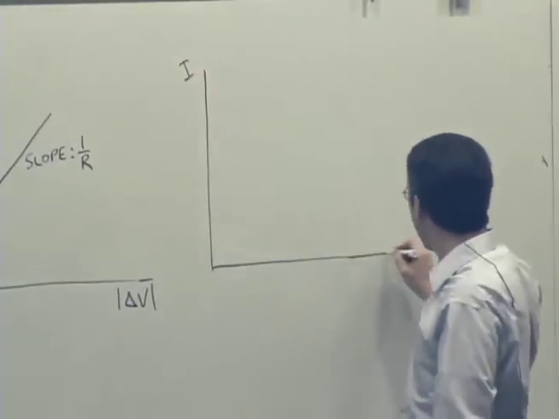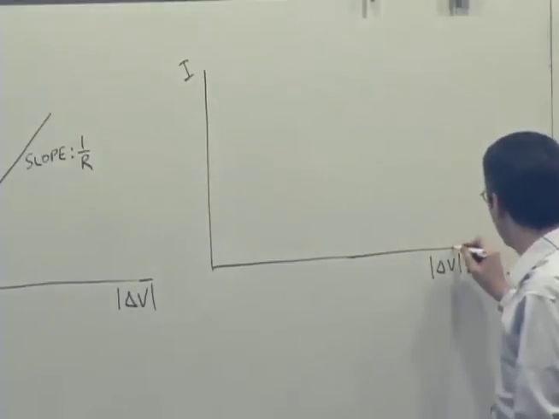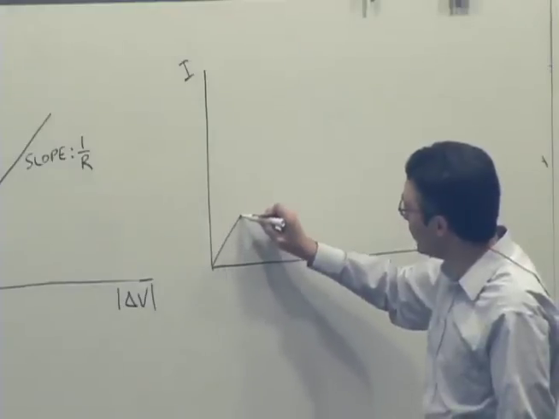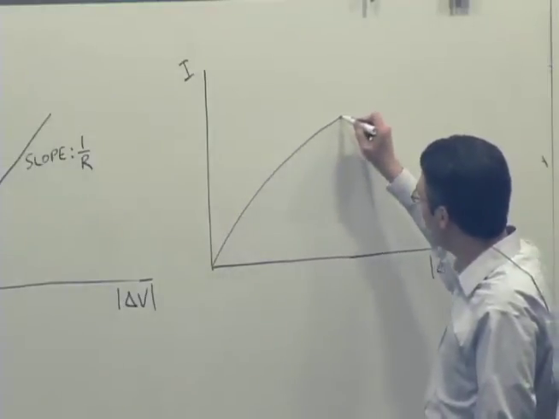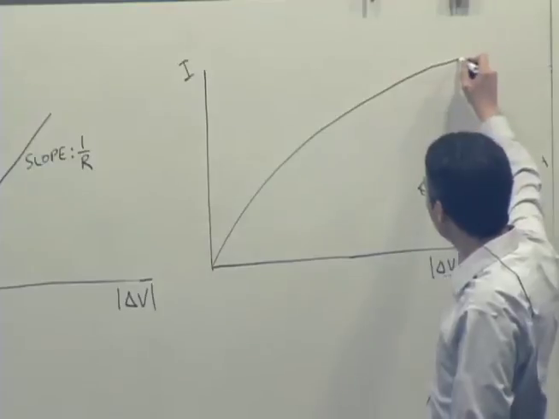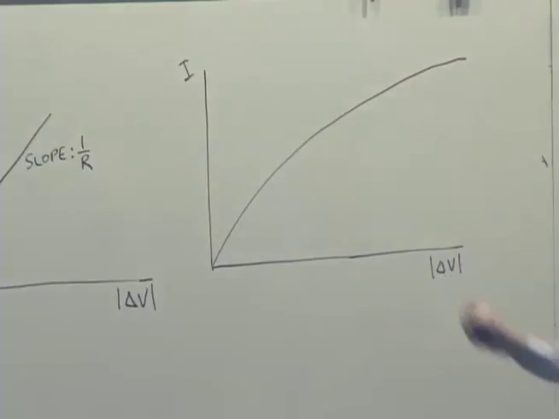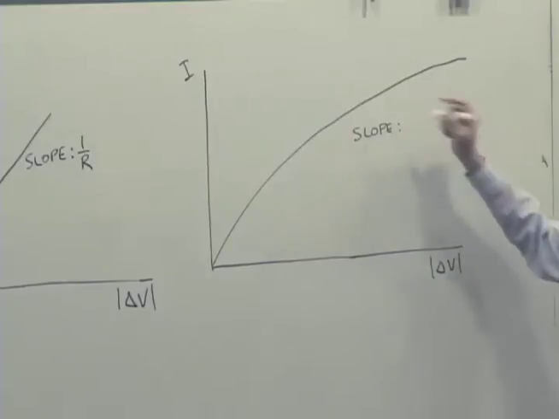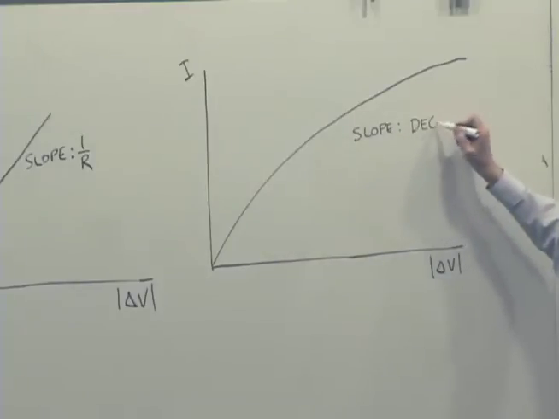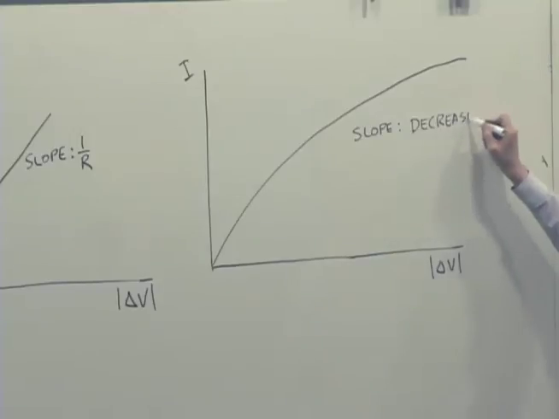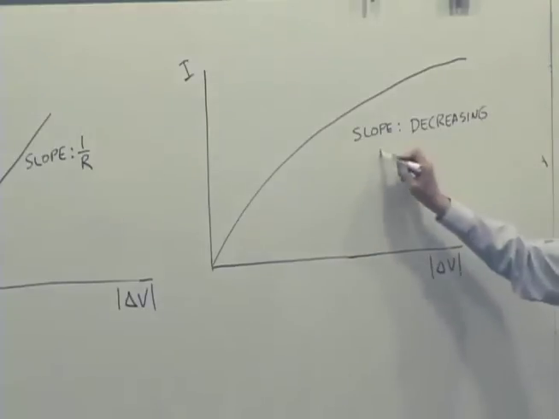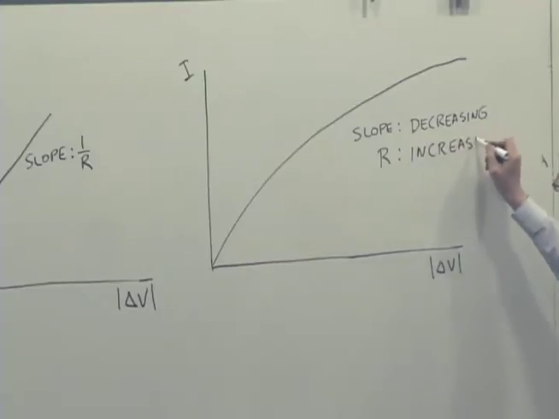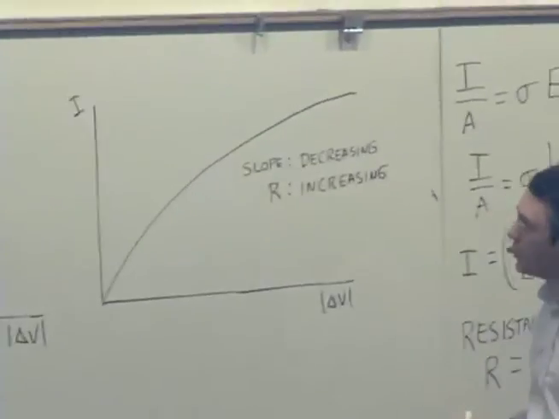If you start cranking up the potential difference too large, provided you don't blow a fuse or anything like that first, you would see something like that, where the slope gets smaller and smaller. So the slope is decreasing, and therefore R must be increasing with a higher potential difference.